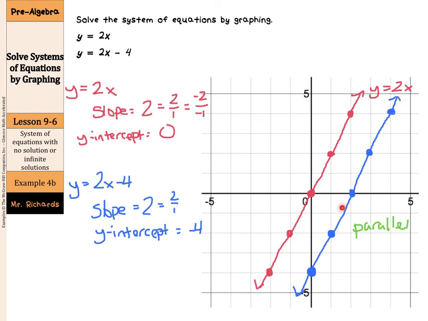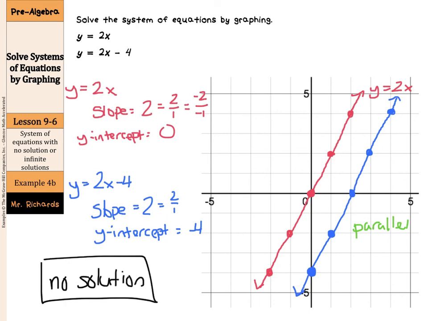You can see how it's the same slopes even on the graph, but different y-intercepts. And when that happens, we actually have no solution. And that, in fact, is the answer. There is nothing I can put in for x and y to make these two equations equal each other.